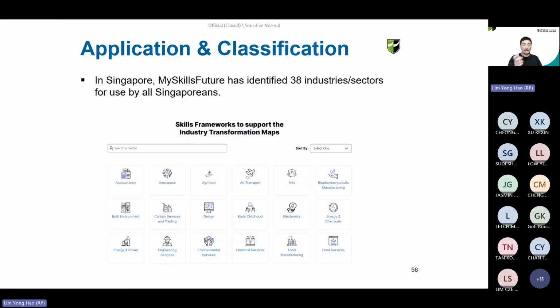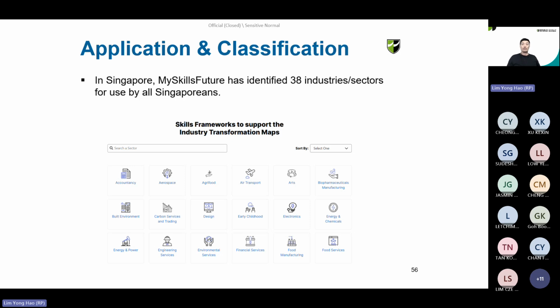In Singapore, we do have industry maps, and I mentioned this in earlier classes. Now there are 38. They are not all in the same place, even though you can go to SkillsFuture to access them, but sometimes they will bring you to the lead agencies that are leading some of these industry maps.